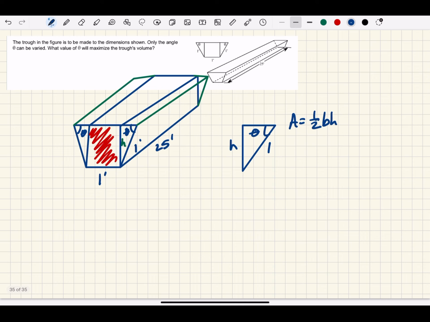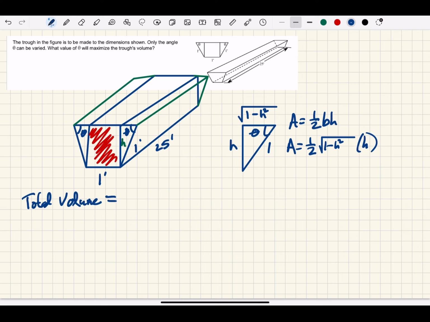Using the Pythagorean theorem, this side, the horizontal side, would be the square root of the square of the hypotenuse, so 1, minus the square of the other side, so h squared. So this area would be 1/2 the base, square root of 1 minus h squared, times the height, h.